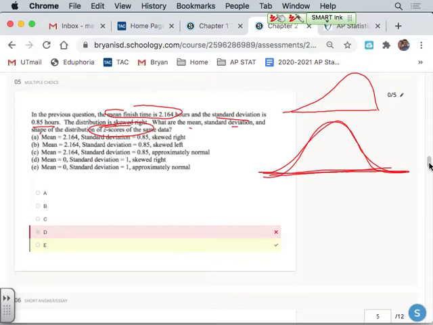So if I take my data and I convert it to a z-score, the z-score then converts into this normal distribution where it centers around a mean of 0, and on the z-table, one standard deviation is like, I go like this, 1, 2, 3, so it would be a mean of 0, a standard deviation of 1, and the shape is normal.